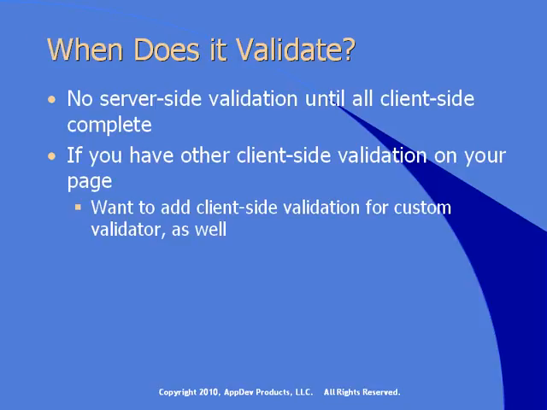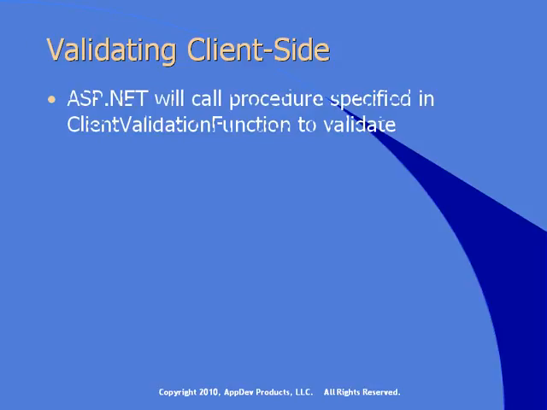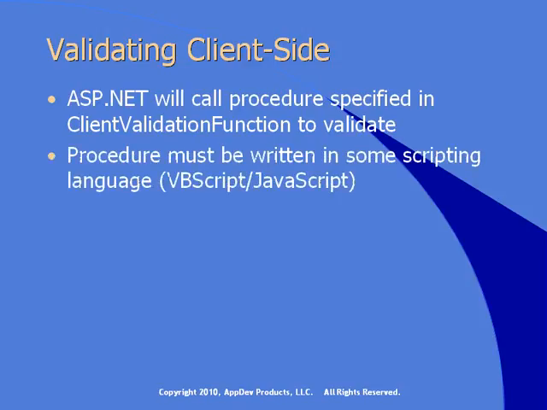So make sure that you do add client-side validation code, and that requires learning a little scripting to make it happen. If you validate on the client side, ASP.NET will call the procedure that you specified in the client validation function. The procedure has to be written in some scripting language.